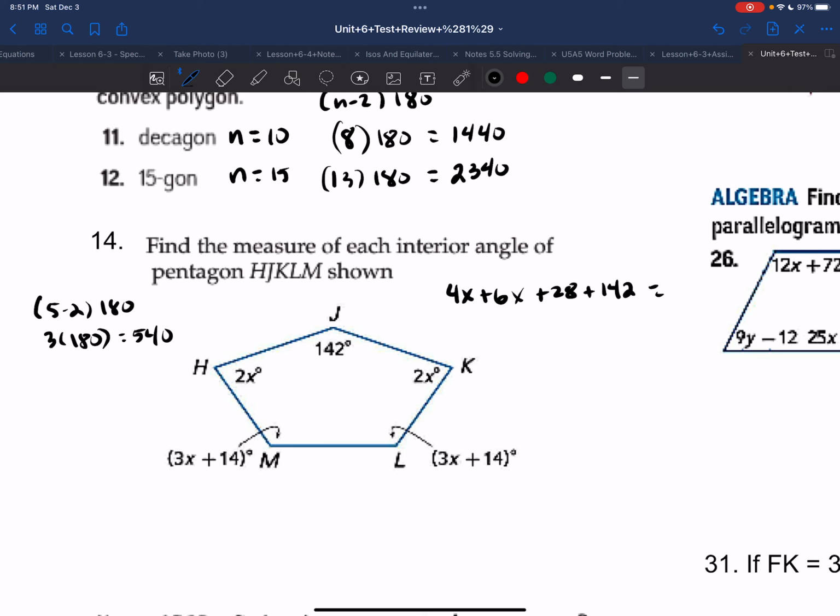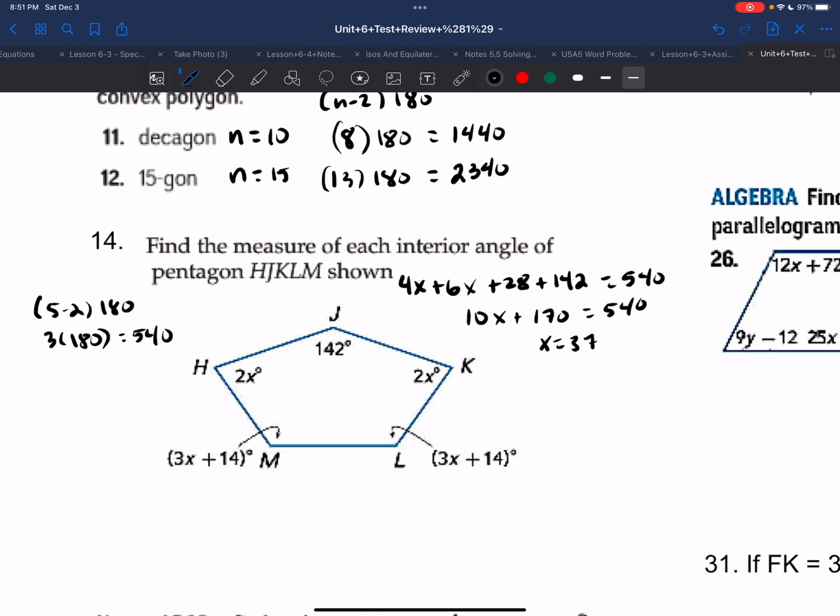And I've got to set that equal to the sum of the interior angles of this pentagon, which is 540. So combining the like terms, I'm going to get 10x plus 170, which is equal to 540. And if I solve for x here, x is equal to 37.